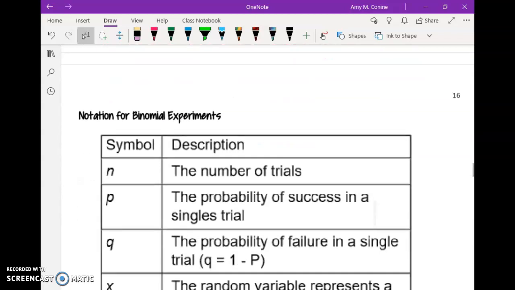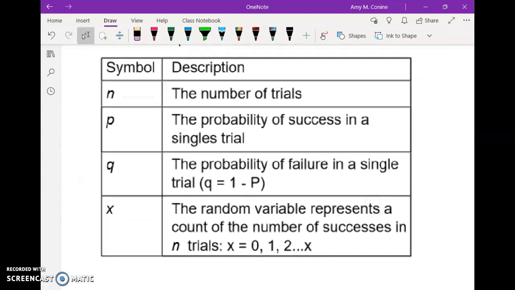Okay, so notation for your binomial experiments. N is the number of trials. P, lowercase p, is your probability of success in a single trial.